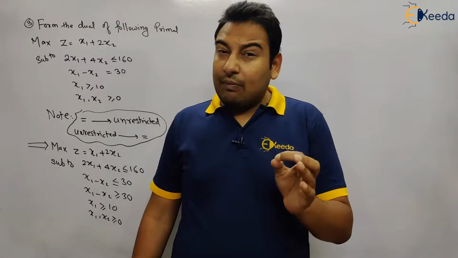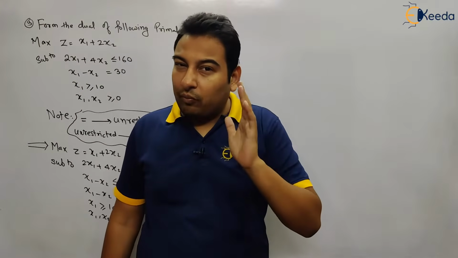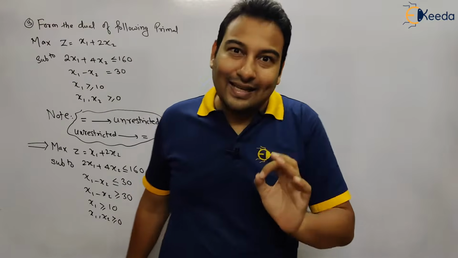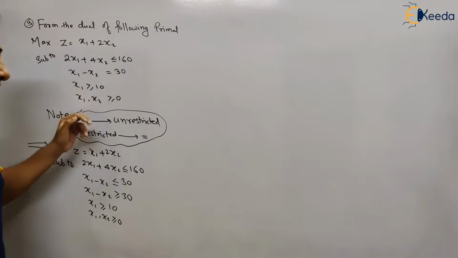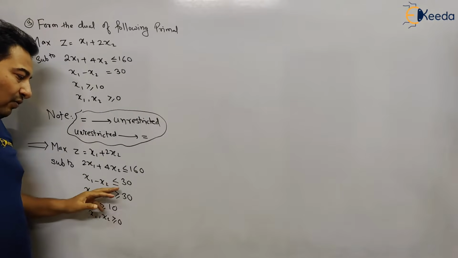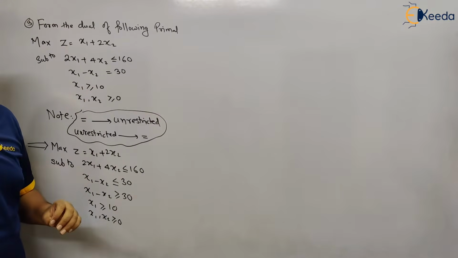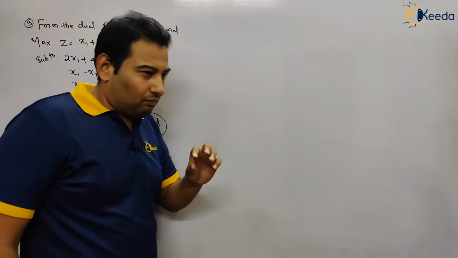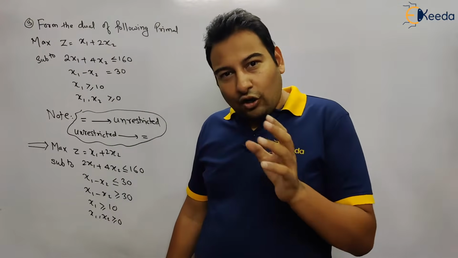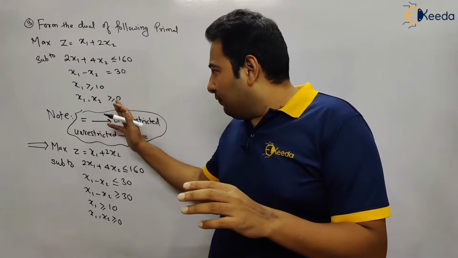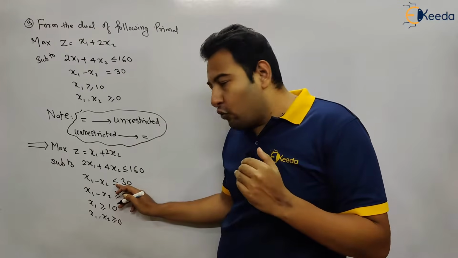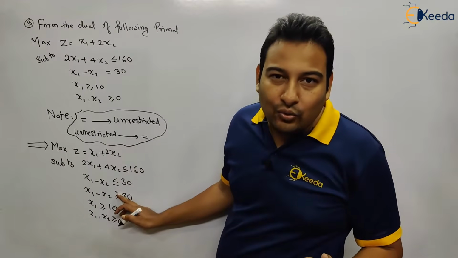Now there is a very important point. Listen, and after that make a note of it. This equal to we converted into less than equal to and greater than equal to. Now there is a question: sir, whenever we convert equal to into these two, do we always write less than equal to first and then greater than equal to?